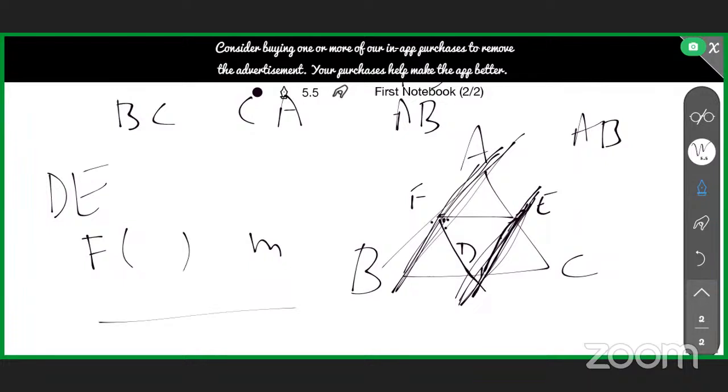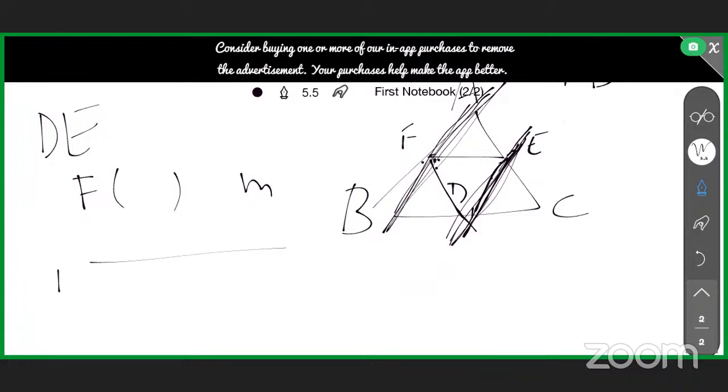No, look carefully. BC and CA midpoints, so how much will the slope be?